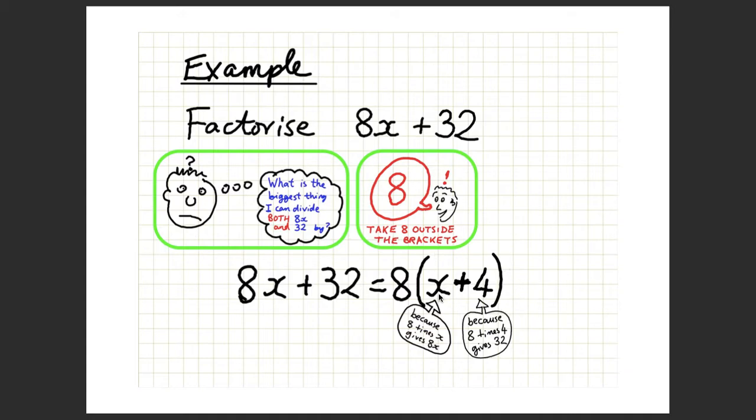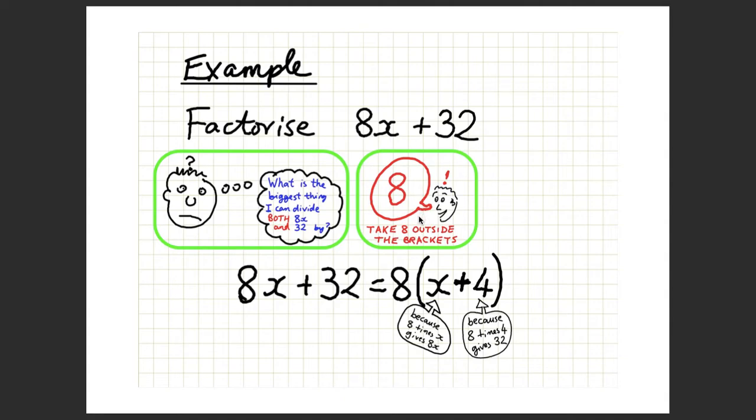And then I'm asking myself the question, what have I got to have inside the brackets to get the thing I started with? If I've got 8 outside the brackets, what do I need to multiply that by in order to get 8x? The answer is an x, so I need an x inside the brackets because 8 times x gives me 8x.